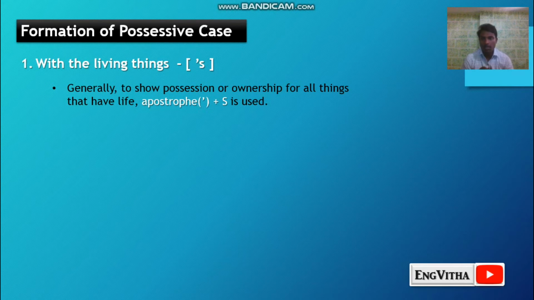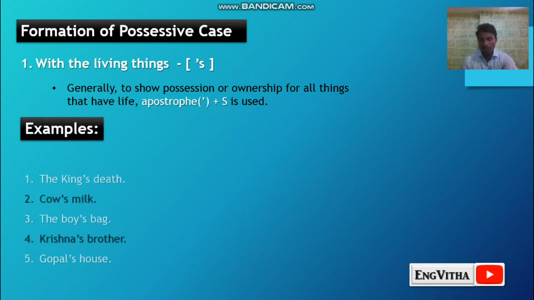You know what is meant by living things? Under living things come human beings, birds, trees, animals. These all are living things. So let us see a few examples of how the possessive case is formed with living things.